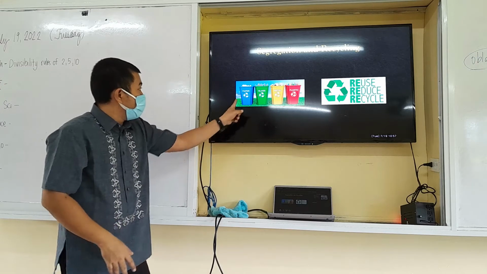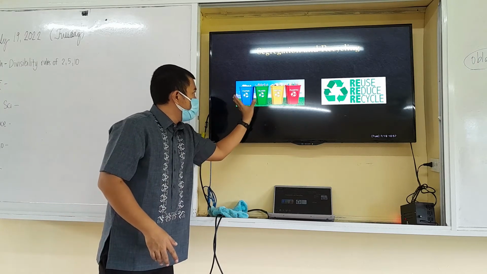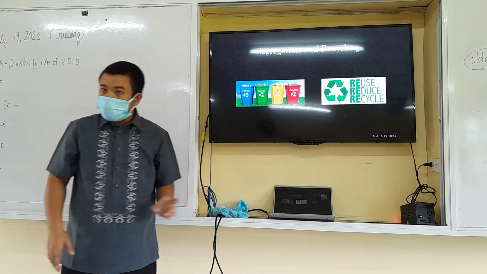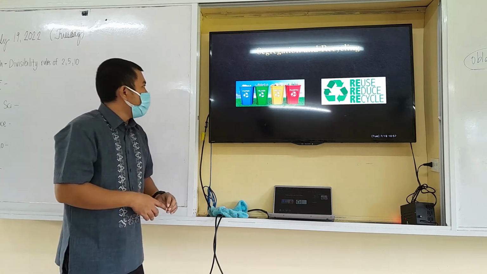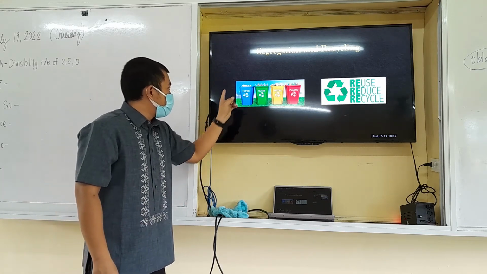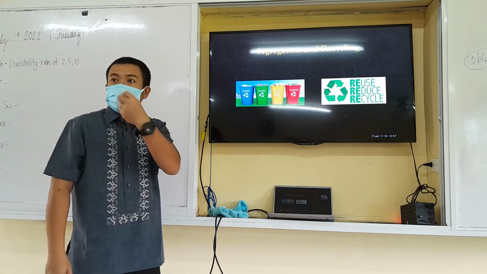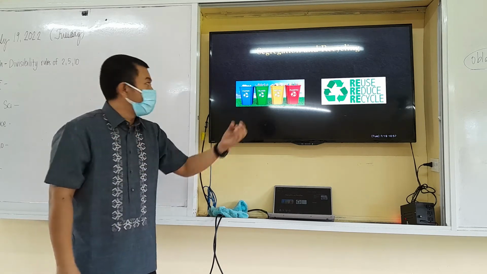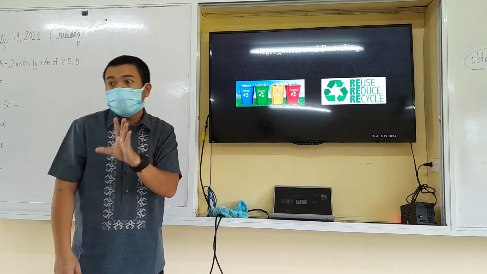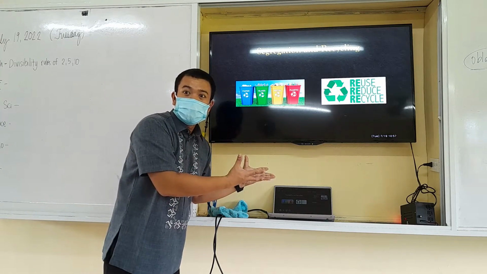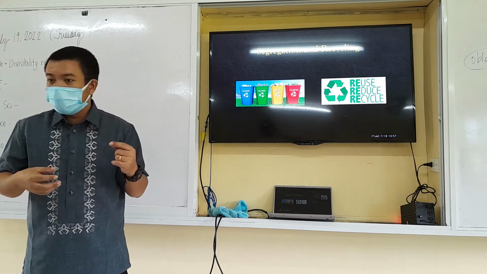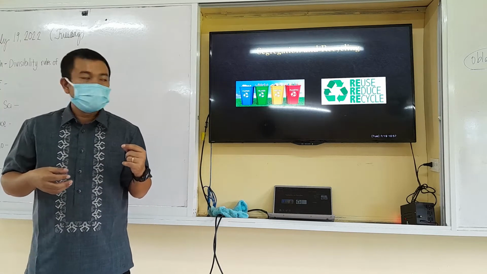So that's why you need to know the meaning of those labels. Now, if it's a paper, most likely it can be used again or recycled, or it is considered biodegradable and you can use that for organic fertilizer. Are you with me? Okay, please sit properly.